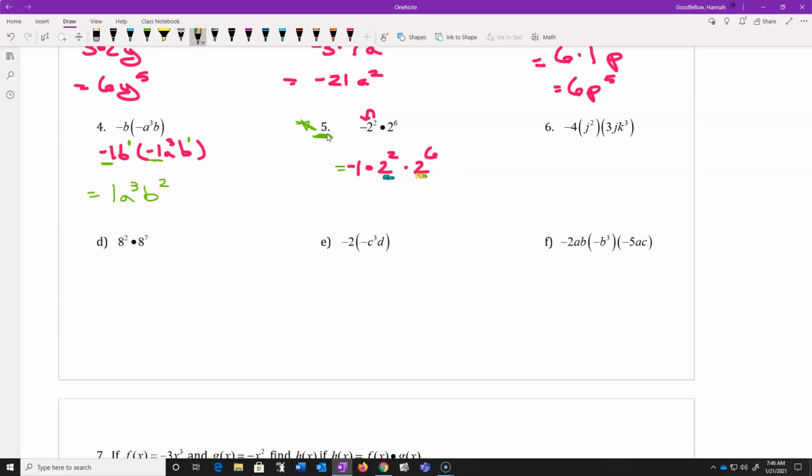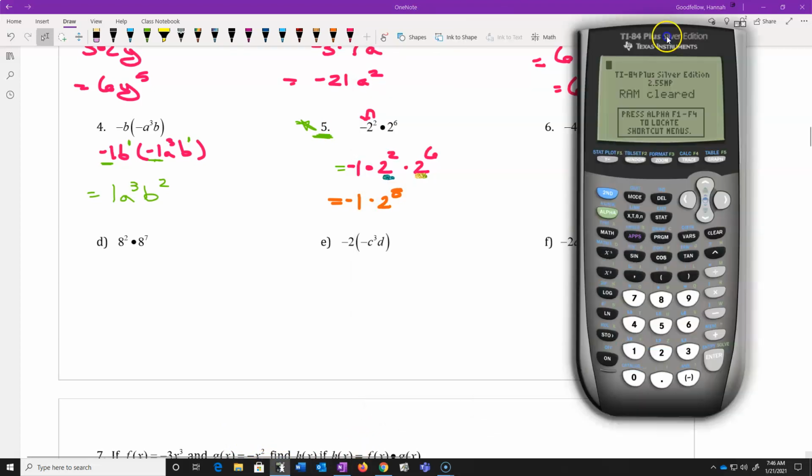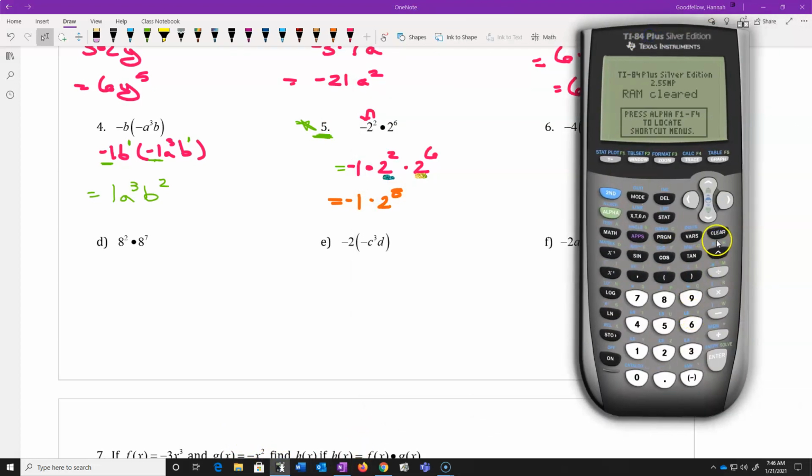And if those bases do match, I can add the exponents. So it'd be a negative 1 times 2 to the 8th power. Now, 2 to the 8th power can get a little bit cumbersome. I'm going to remind ourselves that if you have a calculator that has a power key on it, this could be really helpful. So 2 raised to the 8th power is going to be the number 256.